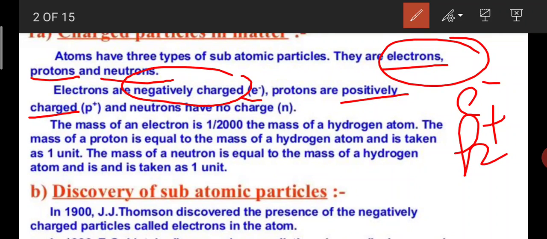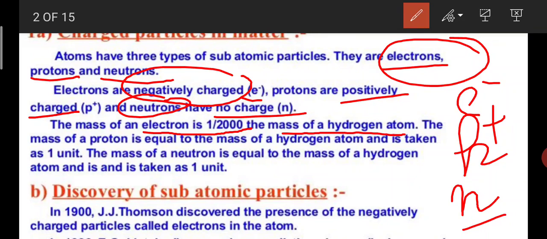Neutrons have no charge and are denoted by small n. What is the mass of an electron? You can underline this point. The mass of an electron is 1/2000 the mass of a hydrogen atom.